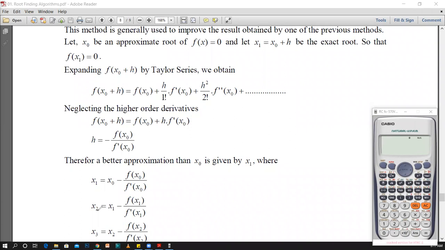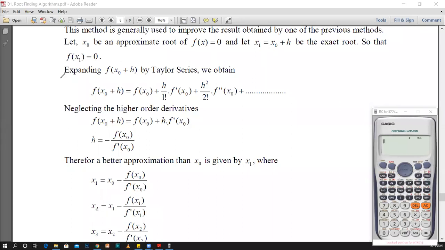In the next iteration you will get the value x2. Therefore, you are using the previous value: x2 equals x1 minus f(x1) divided by f dash x1. The value obtained at the previous stage is now used to obtain the next value of x.